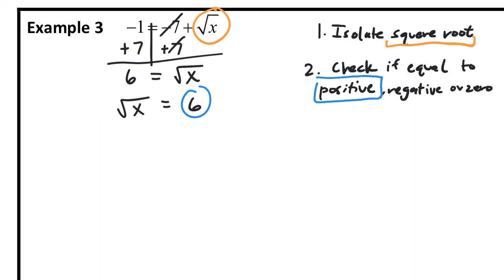Okay, so if it's equal to a positive, then step 3 says raise both sides to second power.